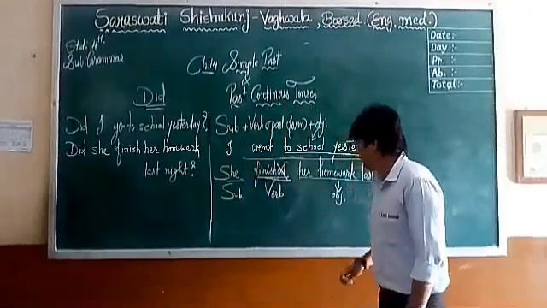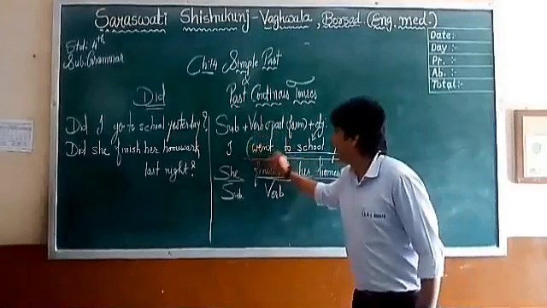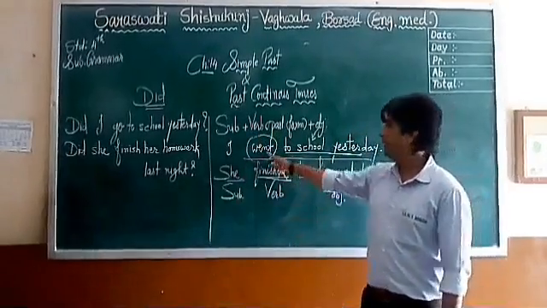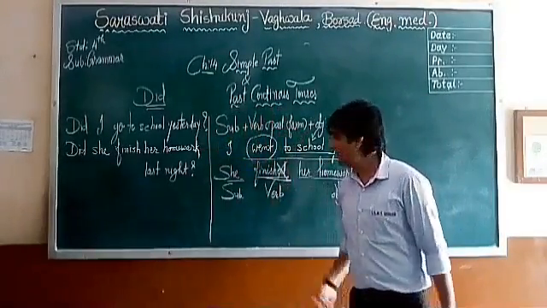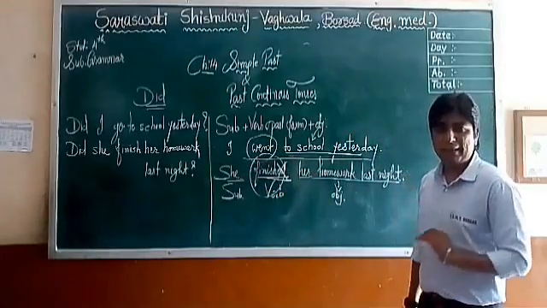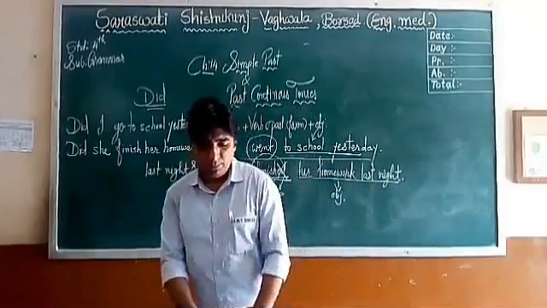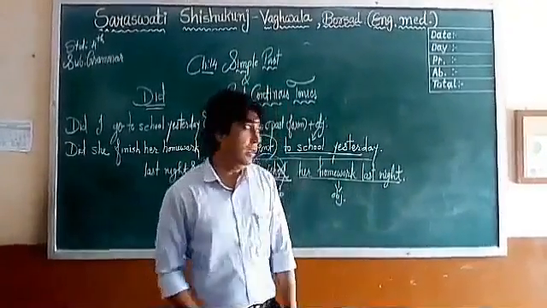You can observe, the whole sentence I have kept the same except this verb. Only I have kept the present form. That's it. She finished. Did she finish her homework last night? Finish. Okay. So I hope that you have understood, right?